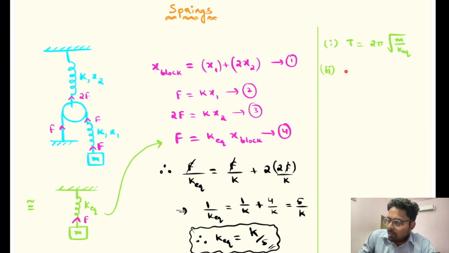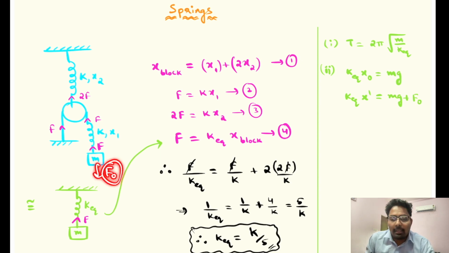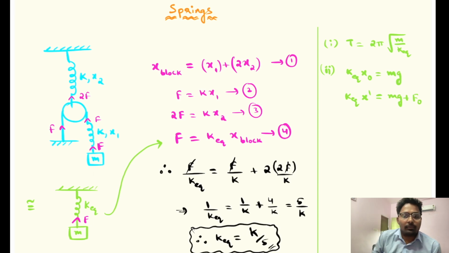Earlier, our mg force: let's say x naught is the original displacement, K equivalent into x naught will be equal to simply mg. But now, because of an extra force that is added, I'll simply write K equivalent into x equals mg plus F naught. That's the question, right? They'll be asking when an extra force F naught is applied, then what will be the displacement of the block?